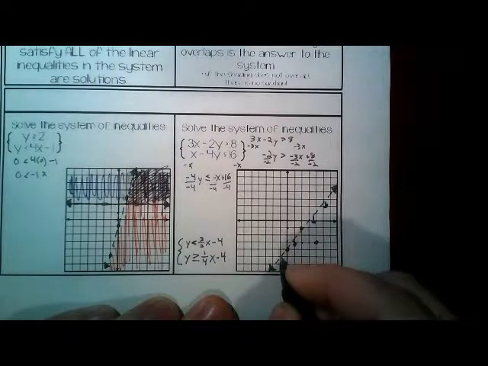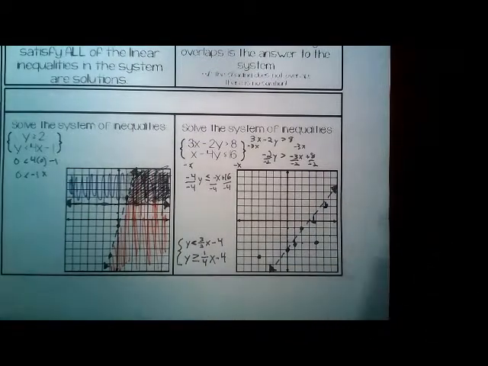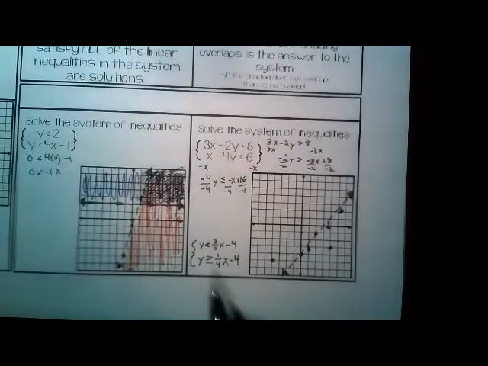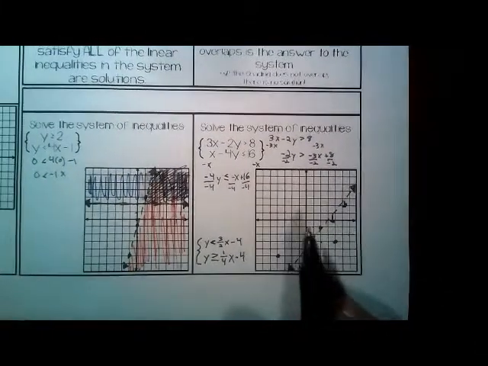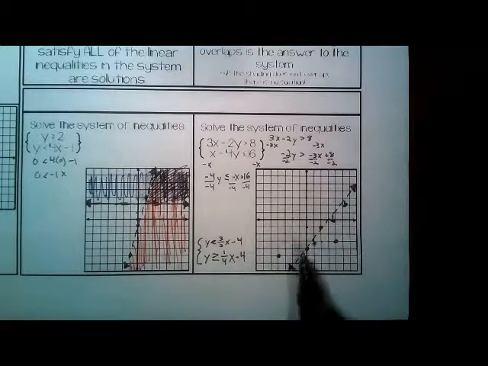I can go down 1 to the left 4. Now that one is or equal to. One trick you can use is if you see a solid line here, it means you're going to be making a solid line here. So let's draw in that one.